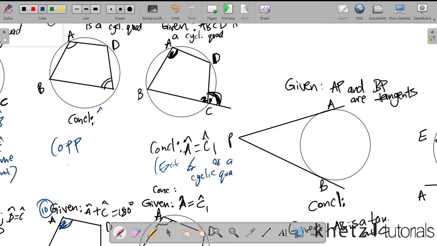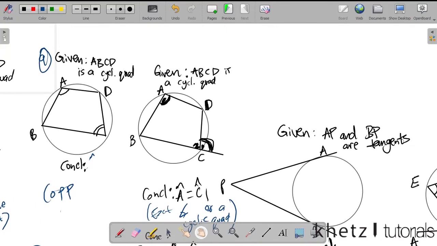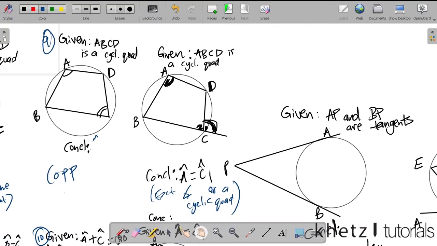So expect the exterior angle of a cyclic quad to be equals to the interior opposite angle, and that is just a rule. So if ABCD is a cyclic quadrilateral, we expect C1, which is the exterior angle, to be equals to A, which is the opposite interior angle of the cyclic quadrilateral.